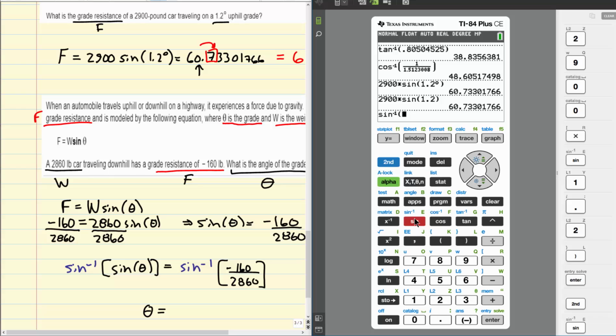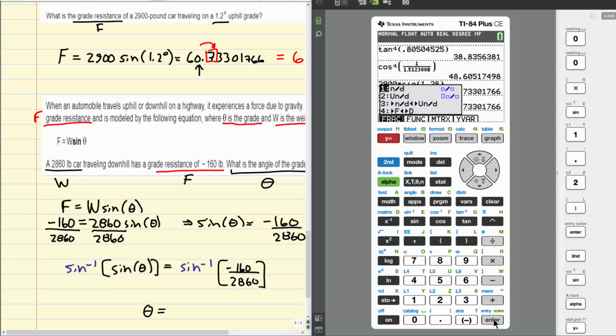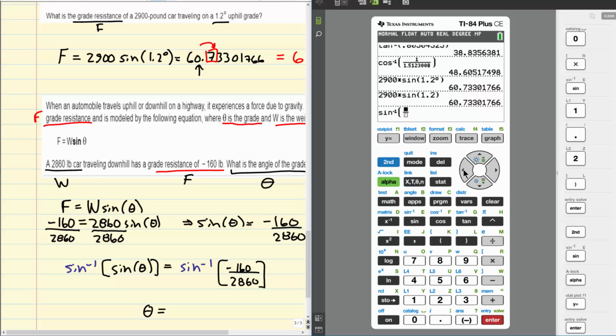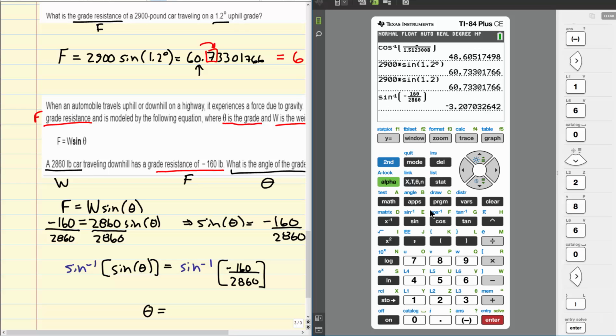That's the second above the sine key. And then I'm going to put in my fraction key, alpha y equal. And you can put the negative up top or out front. It doesn't matter which one. So I'd have 160 over 2860. Arrow out, close parenthesis. I'm in degree mode, and I get negative 3.207.